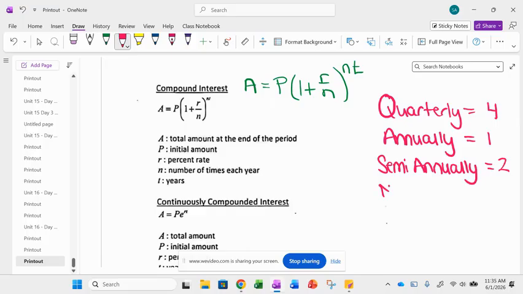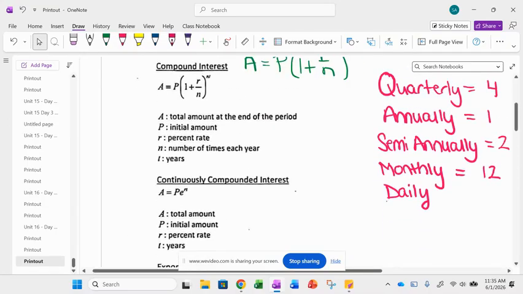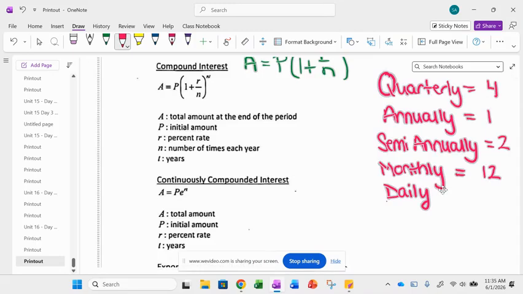What about monthly? It's just, so T in all of these, if you don't look at it in terms of years, you could just look at it in terms of time, like length of time, months, days, years, whatever it is. And daily would be, if we're talking about daily in a year, 365.